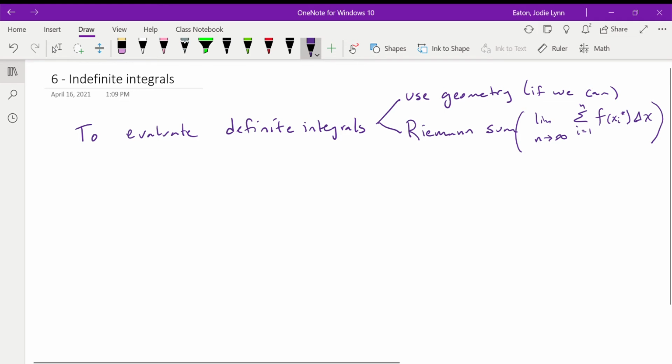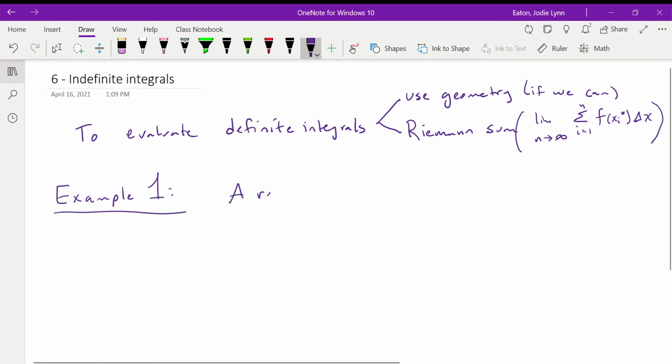Riemann sums are really long and annoying to solve, just like when we use the definition of derivatives. So we would really like, just like we were able to do for derivatives, to find a shortcut so that we can evaluate integrals. So let's take a look at a couple of examples and see if we can find a pattern that might point us towards an easier way to do integrals.